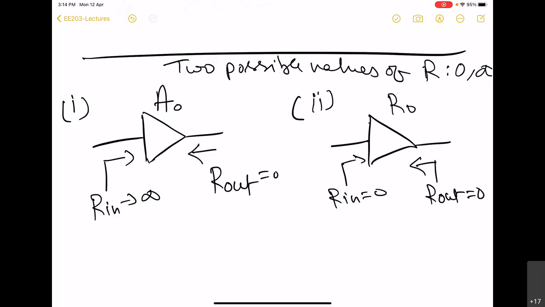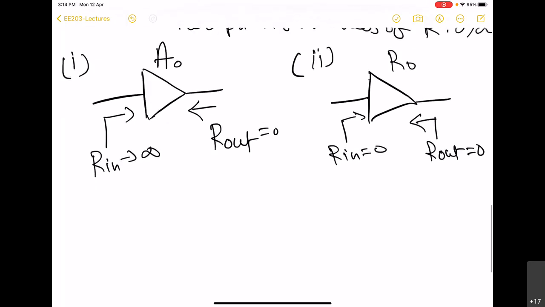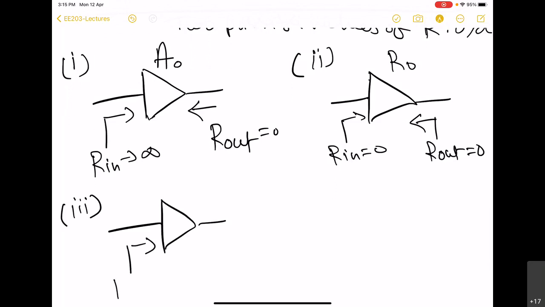We will see why we have a different symbol for the transfer function depending upon the input and output impedances. And the third case is that we keep the Rin infinite, but this time Rout is also infinite. For such cases, the transfer function will be designated by Gm.